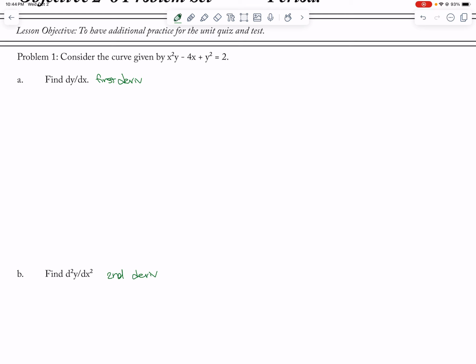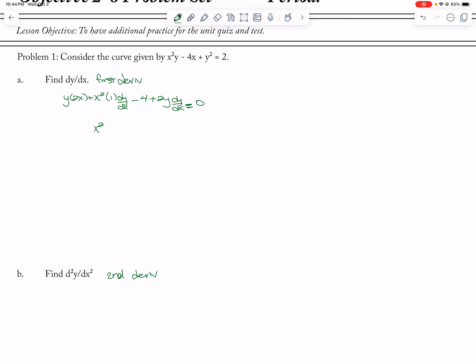implicit differentiation. So when I take this derivative, it's y times the derivative of x plus x squared times the derivative of y, which ends up having a dy dx next to it. Then a minus 4, and then a plus 2y dy dx is equal to 0. Then I group all the dy dx terms on one side and everybody else on the other.